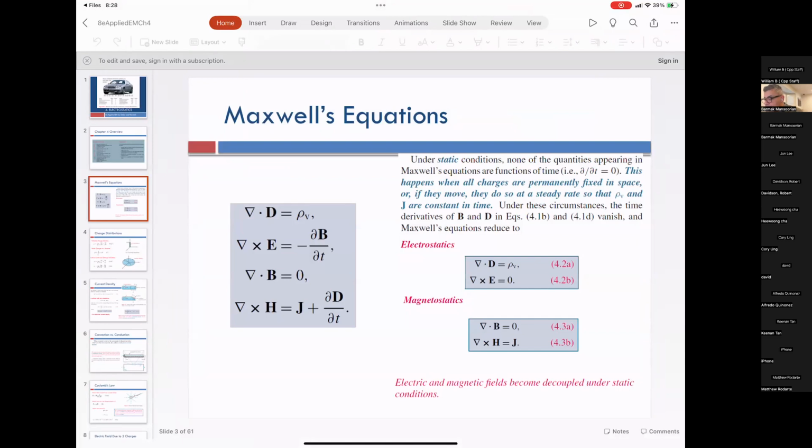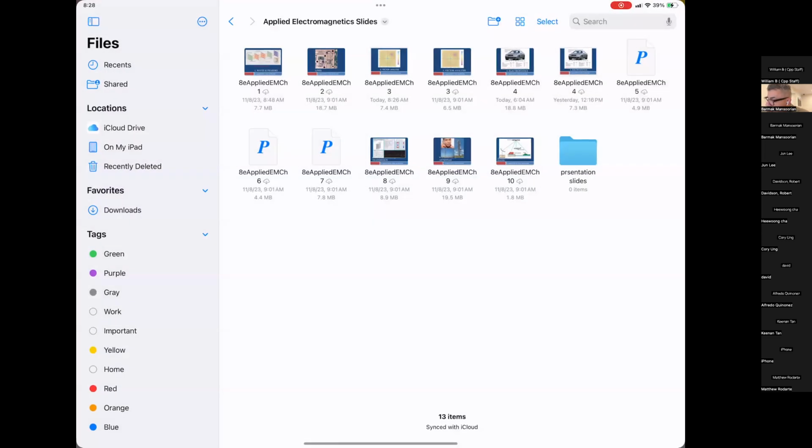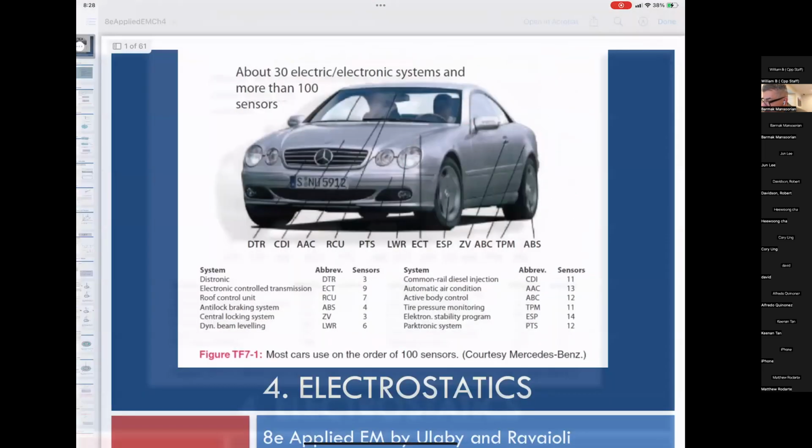I think at the beginning of the class and a couple of times I wrote you guys Maxwell's equations down. Let me change this to the PDF version so it's easier to mark up.